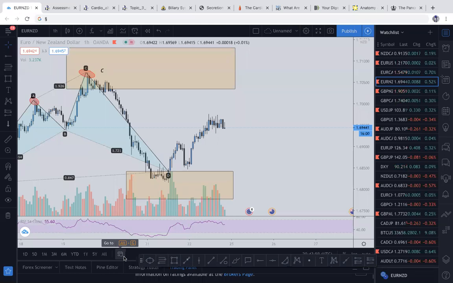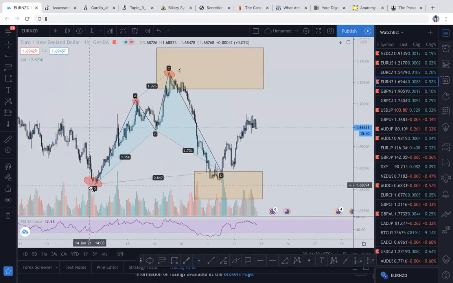Somebody's asking a question: when do you consider drawing the pattern? When it's completed. Well, I can't understand the rest of your question properly. So what's your 0.94 on the fib? My 0.94 fib is just something personal to me. I use it for something personal.